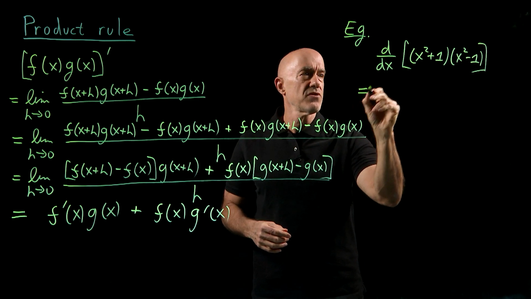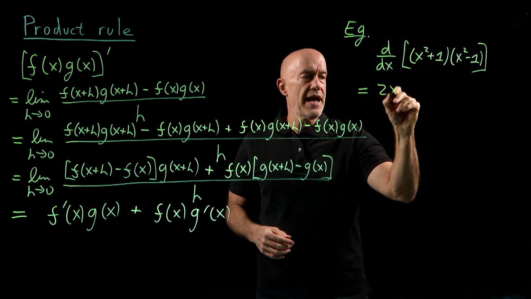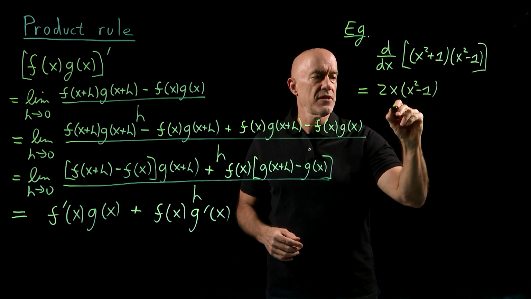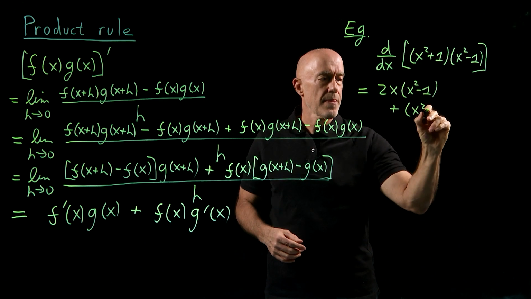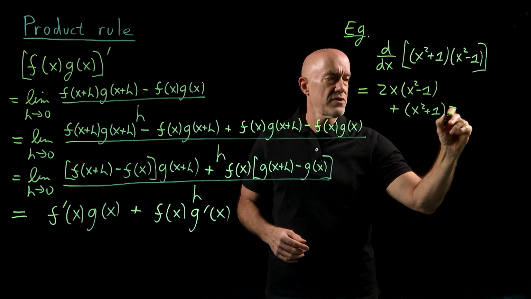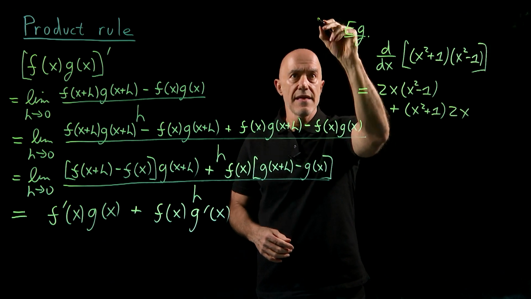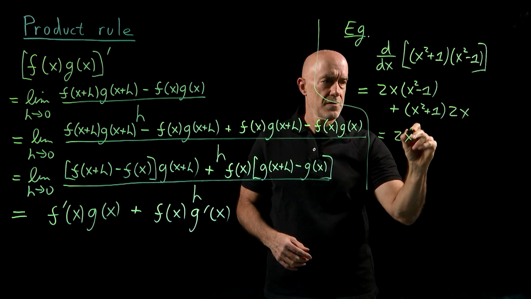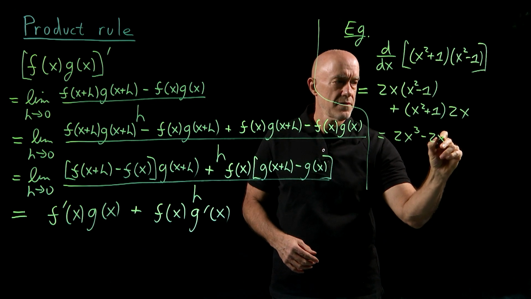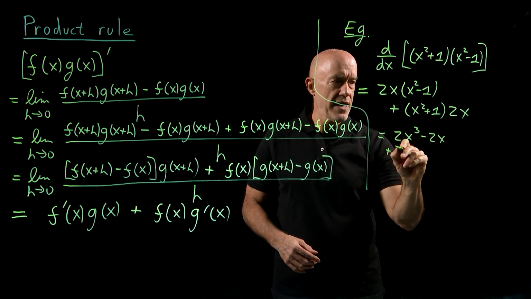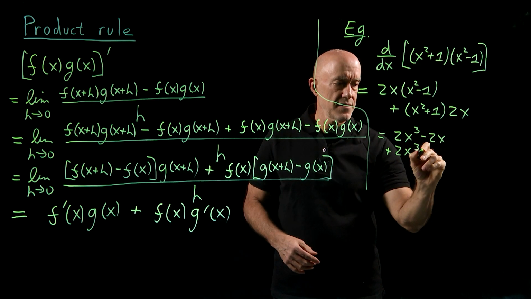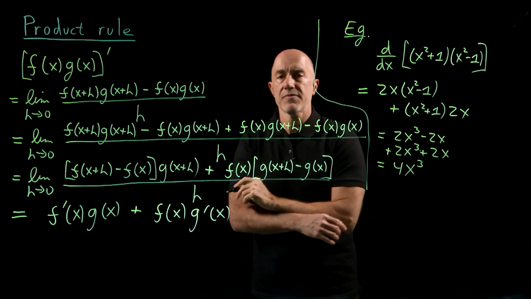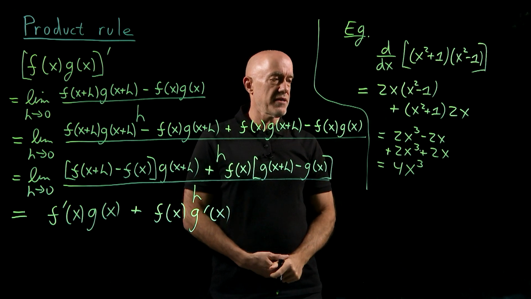So this is equal to the derivative of the first, 2x, times the second, x squared minus 1, plus the first, x squared plus 1, times the derivative of the second, which is 2x. And that simplifies to 2x cubed minus 2x plus 2x cubed plus 2x, which becomes 4x cubed. And that was obtained using the product rule.